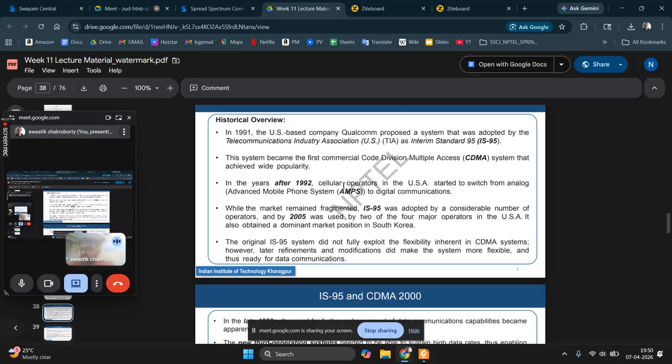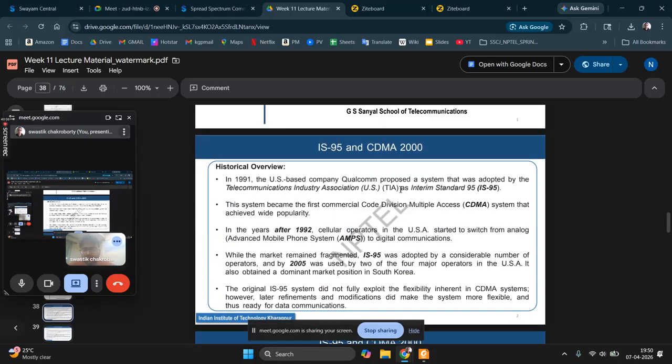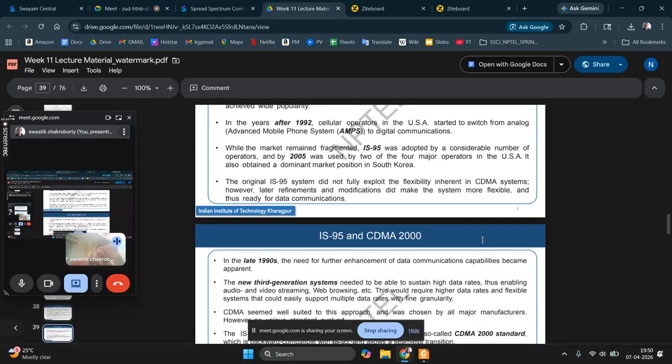So now CDMA is a theoretical system that has been developed in academia, but the actual standard which has to come from the industry is the IS95 standard of CDMA. So the specific standard of CDMA that was implemented is IS95.